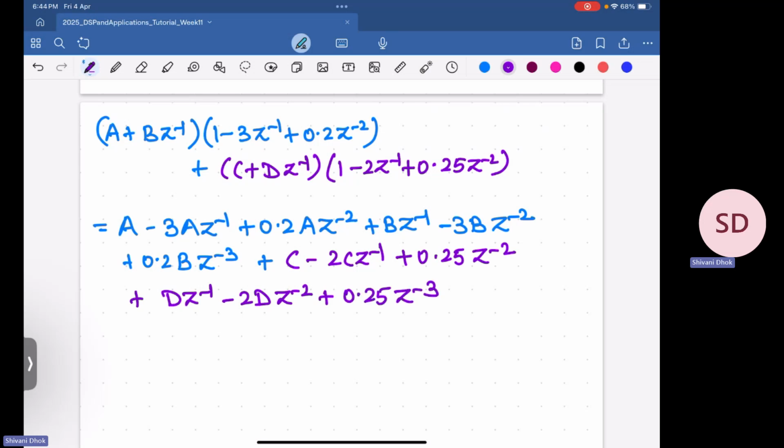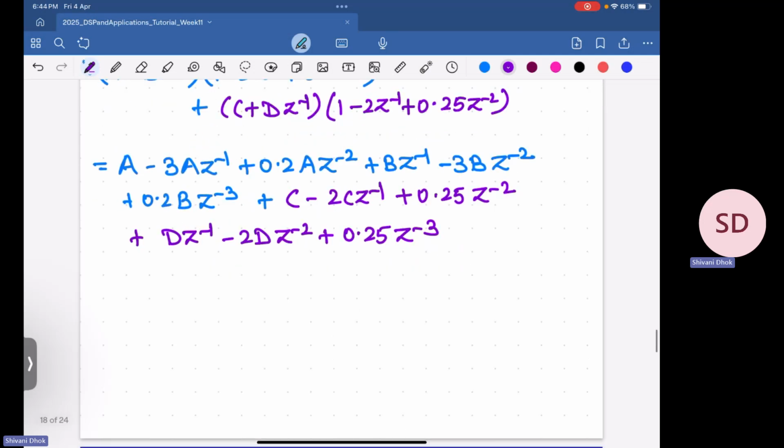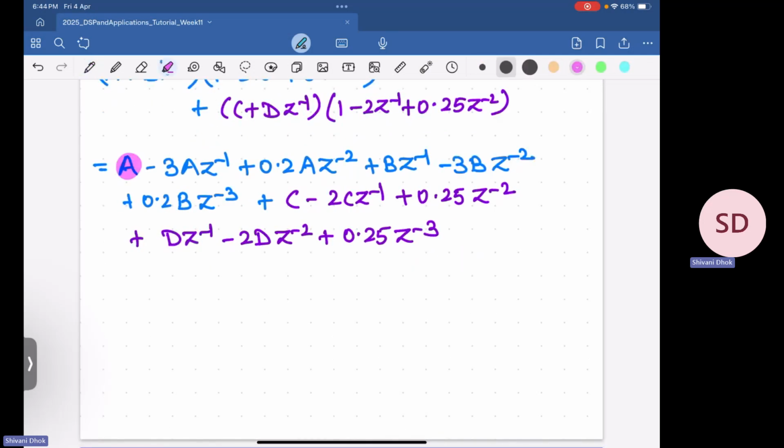Now we'll collect the coefficients for each of the z powers. So what do we get? We have here a and then we have c here. These are the only two constant terms. So we get a plus c here, then plus z inverse. What do we have?